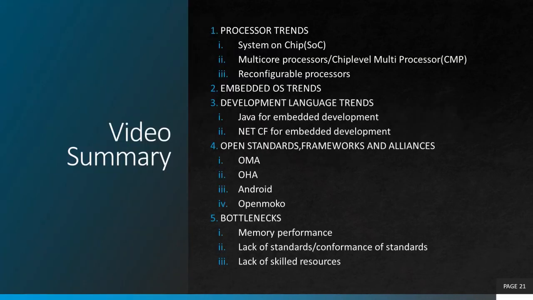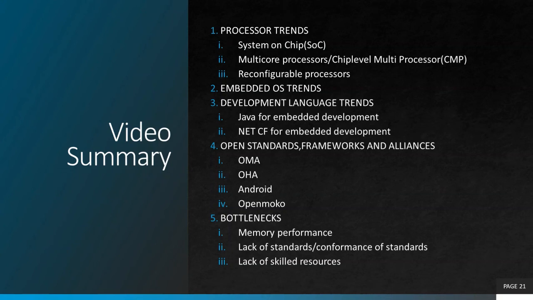Next, we will be discussing the video summary. There are 5 main trends in embedded system. First one is processor trends. It is of 3 types: system on chip, multi-core processors or chip-level multiprocessor, reconfigurable processors. Second trend is embedded OS trends. Third trend is development language trends.